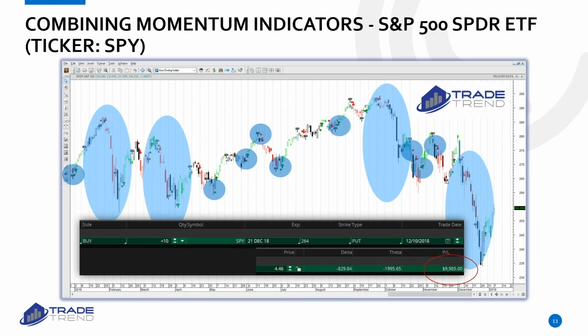Now you can see that there's all kinds of opportunities on this chart with Trade Trend, but that one move alone would have given us a profit of nearly $10,000 on 10 contracts. 20 contracts, we would have had a profit of nearly $20,000. So you can see what's possible when you can pinpoint momentum shifts and continuations with this kind of accuracy. You can simplify your option strategies, for all your options traders out there, and just trade long calls and long puts. Keep it simple and make some really nice profits using this technique.